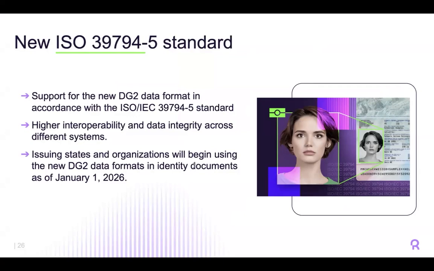It is important to begin updating your systems to support the new standard and be able to process such documents, as issuing states and organizations will begin issuing the new DG2 data formats in identity documents as of January 1st next year. So it's not that much time.